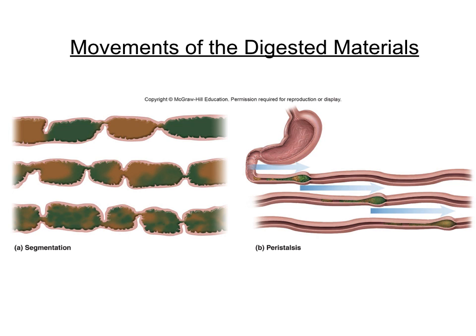Now, segmentation is a little bit different. Segmentation is not used for propulsion, so it's not used to help propel your contents towards the anus. However, segmentation provides localized cycles of contraction.